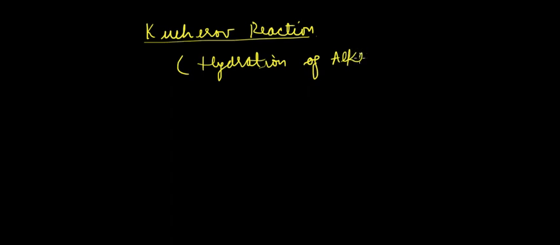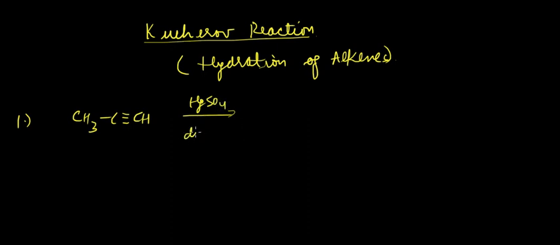Kucherov reaction, which in other terms you can also say hydration of alkyne. So we have this, and in the presence of HgSO4 and dilute H2SO4, we'll get something like this.